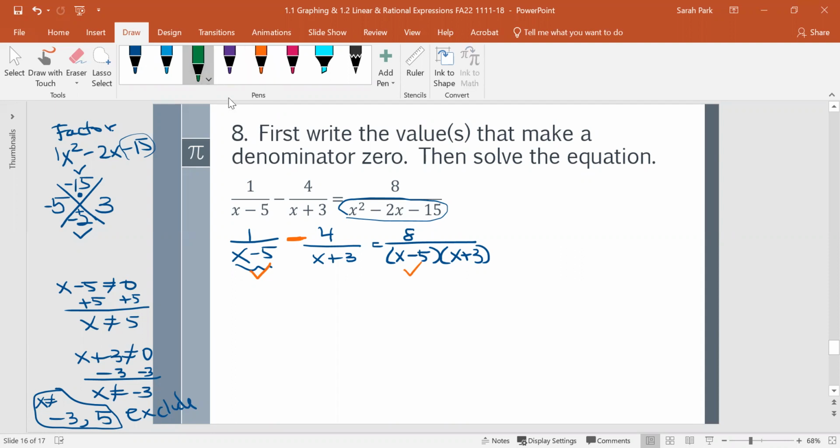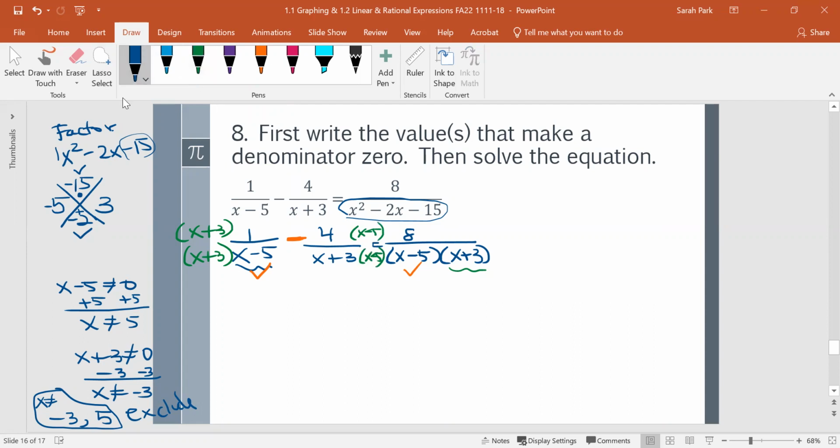So we're going to multiply the first fraction by x plus 3, because the common denominator is x minus 5, x plus 3. We want the denominators to have all the factors. The second fraction, you see that's missing x minus 5. So we're going to multiply the second fraction by x minus 5 over x minus 5.